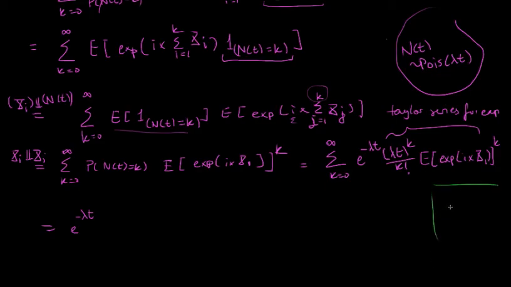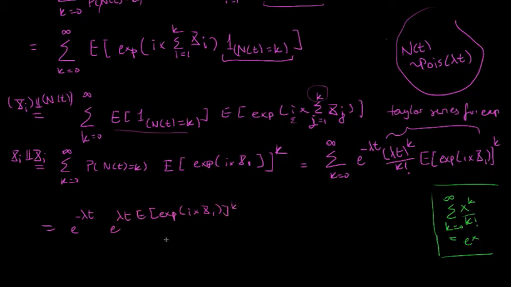I know it's a long time ago, but we also know this from analysis 1, I think, that this series here is equal to e to the x. So just write this in your notes because it's good to have. We'll be using it quite a lot. So this is equal to e to the minus lambda t multiplied by e to the lambda t times the mean of exp(i x X1) to the k.